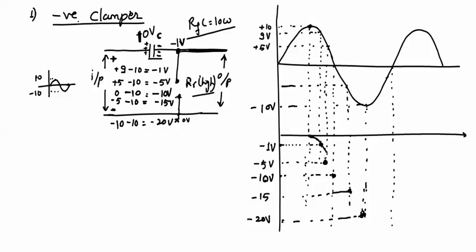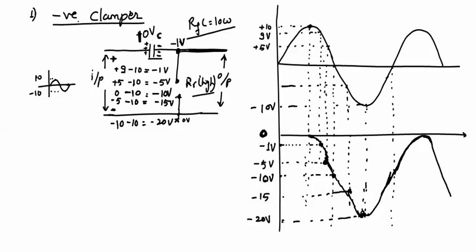When we join all these points, we get a waveform like this. As we can see, this waveform is a sinusoidal waveform at the output. Input was also sinusoidal. This output waveform is varying from 0 to minus 20 volt, so its peak to peak voltage is 20 volt.